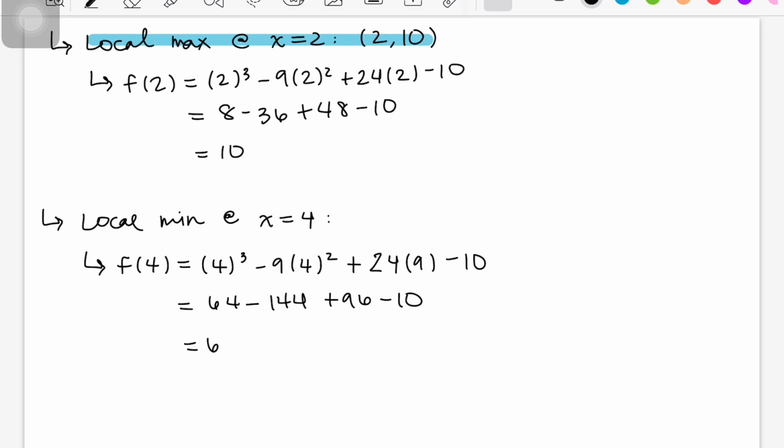So in this case, we'll get 6, and we know that we're going to have a local minimum at this point here. All right.